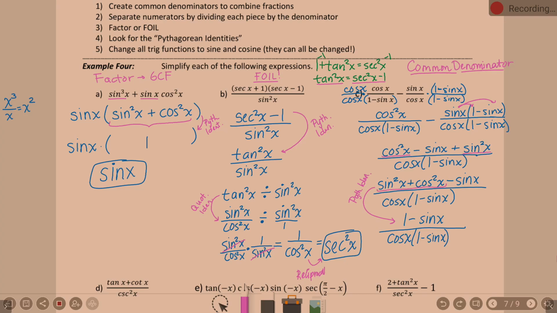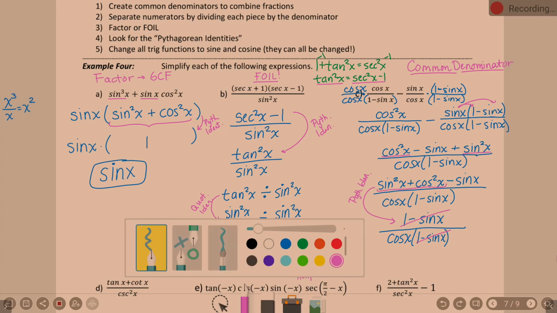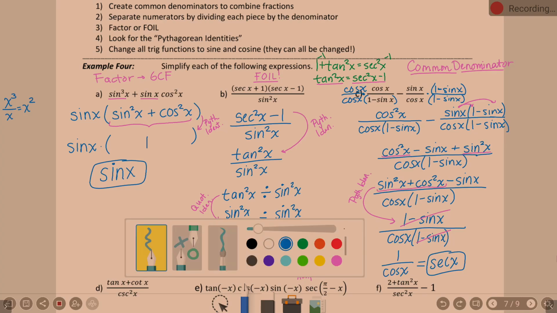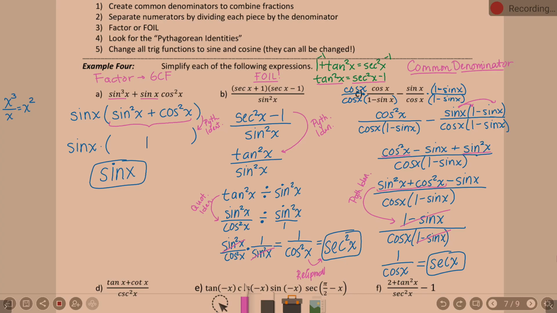On bottom, we have a factor of 1 minus sine x. Can those cancel? We're going to cancel 1 minus sine x with 1 minus sine x. Now, when everything cancels on top, what remains? 1. So at this point, I have 1 over cosine x, which is secant x. 1 over cosine x is indeed secant x. And of course, that last step was a reciprocal.